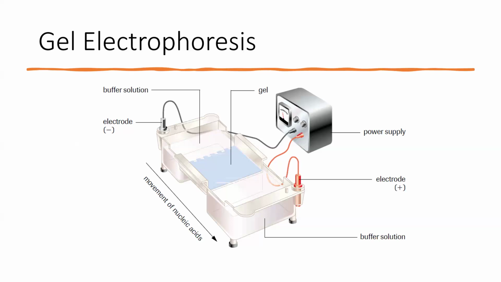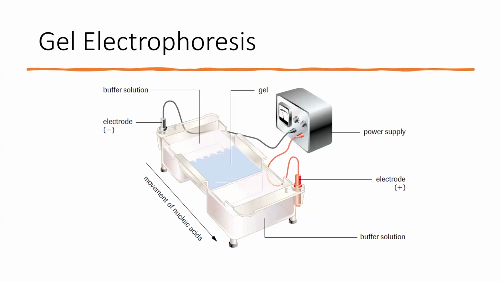You hold it up like a piece of little jello that's a little bit hardened, and you basically put the gel in a solution, and up here you're going to have slots for you to load the DNA sample in. And when you hook up to a power supply and turn on the power, the current will go from negative to positive.